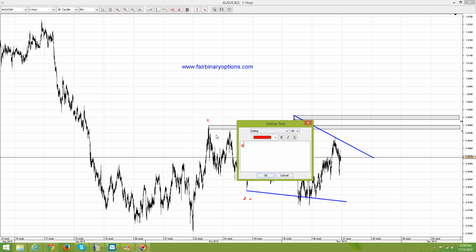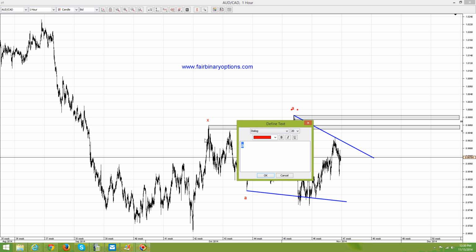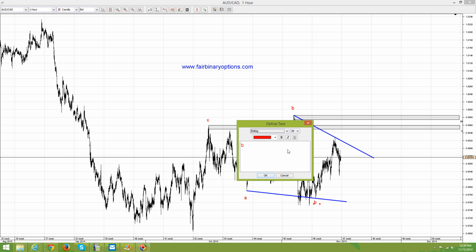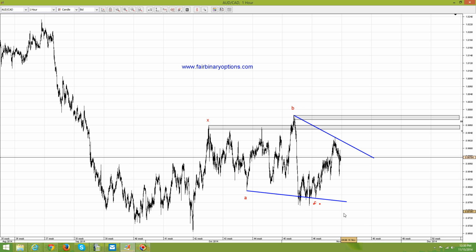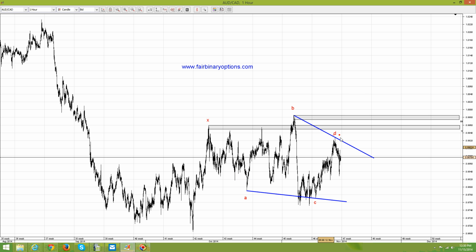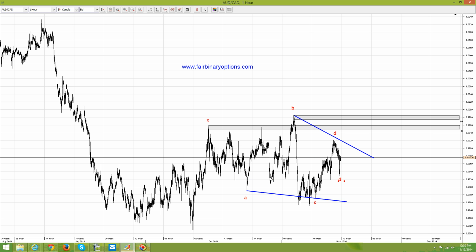This would be wave A, this would be the B wave, this would be the C wave, A, B, and C all the way down here, and then the D wave. Now we're looking for the triangle to be probably completed, I would say. If not, we're looking for the B2D trend line to be broken.